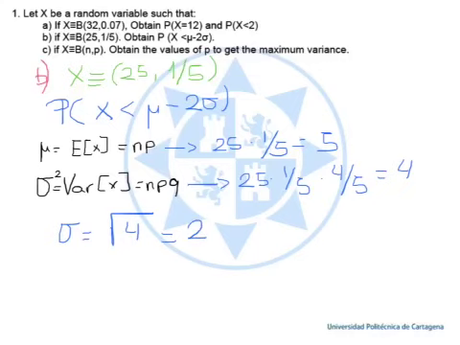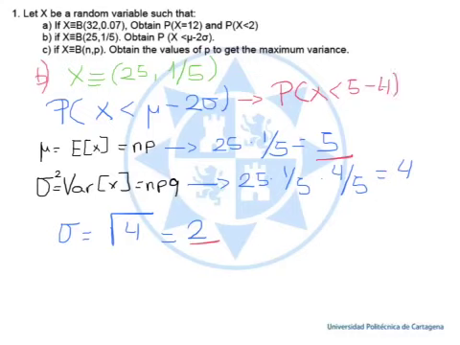So now that we have our previous results, we are going to replace both of them here, and we get that this is equal to the probability that X is smaller than 5 minus 2 times 2, that is 4.